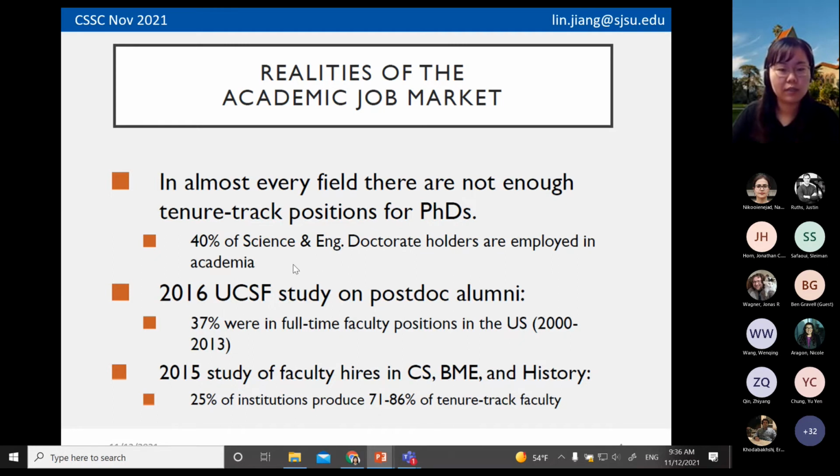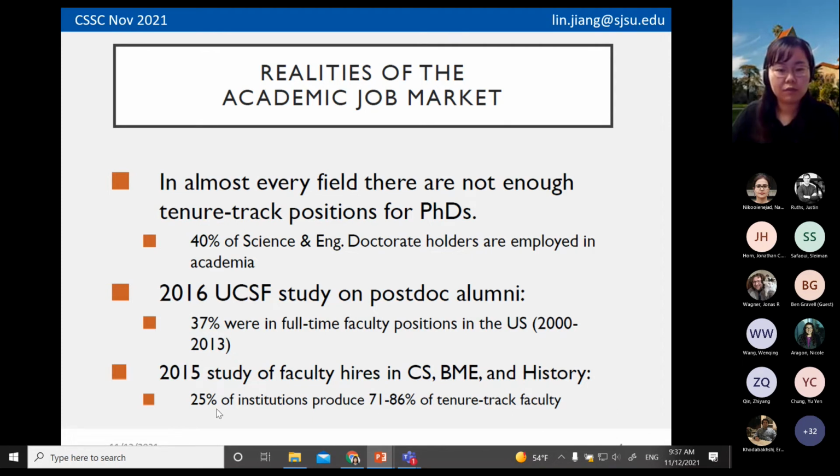And then a 2016 UC San Francisco study on postdoc alumni found that only 37 were in full-time faculty positions, even after postdoc training. And then a 2015 study, which is an old study, found that it's even more competitive in academia in this pandemic.